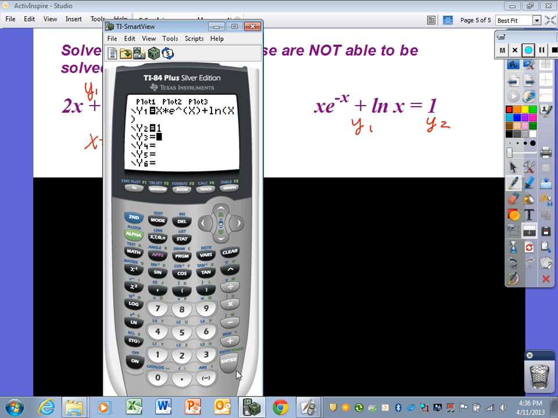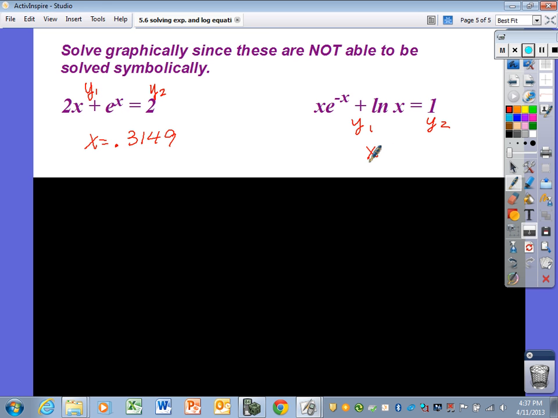With my graph key. Now I can do my intersection. On my first curve, on my second curve, and my guess. x equals 0.689.